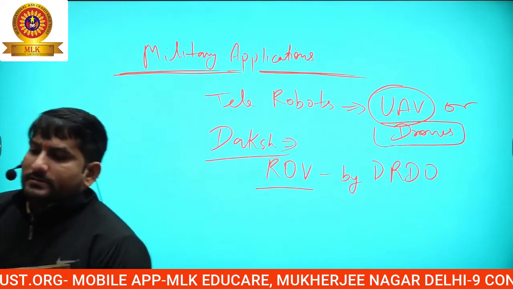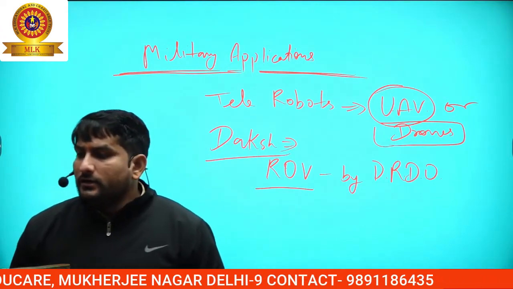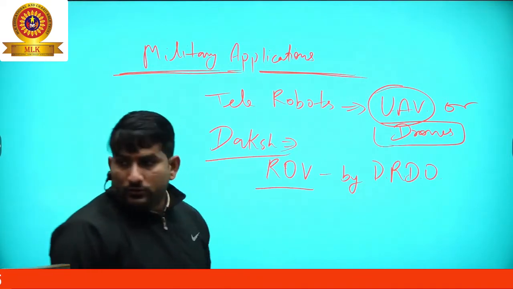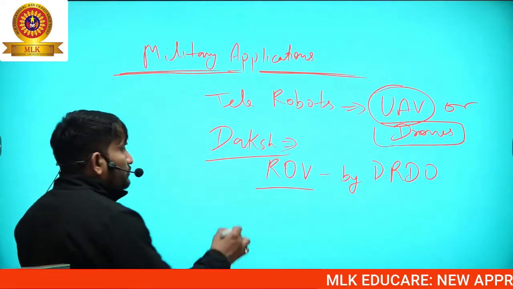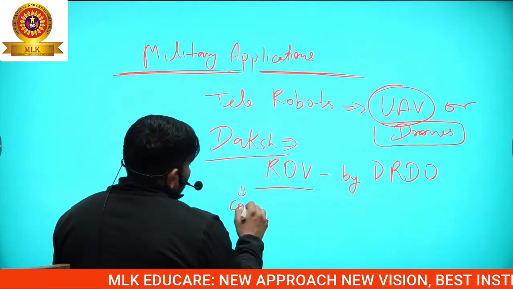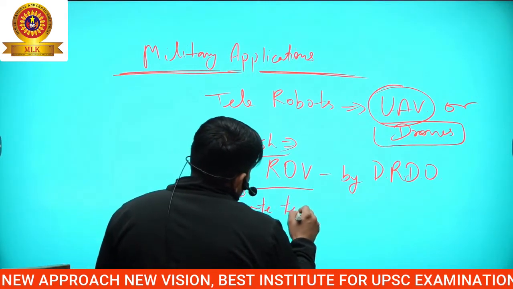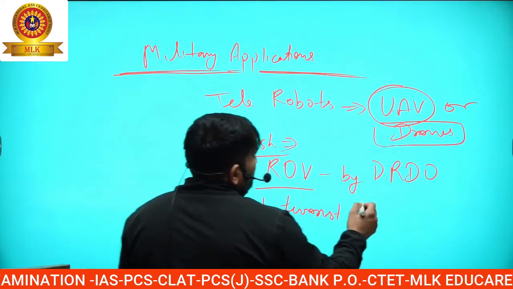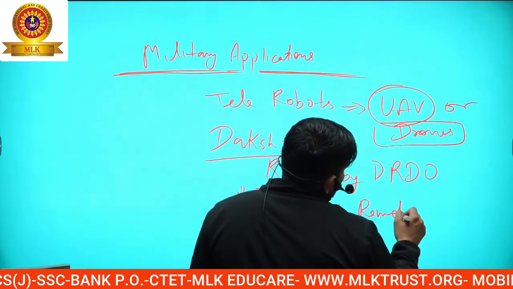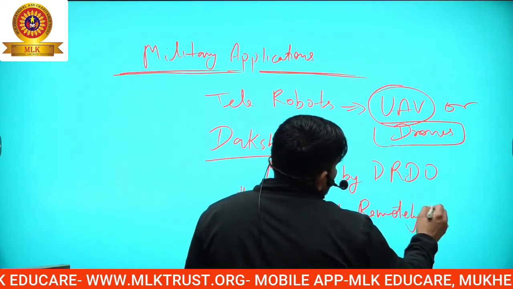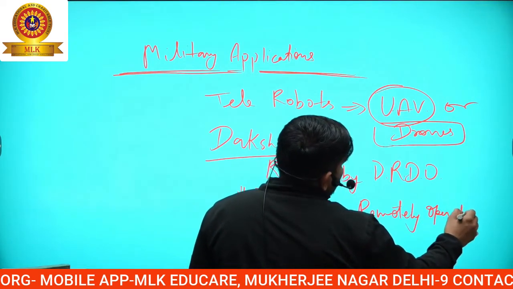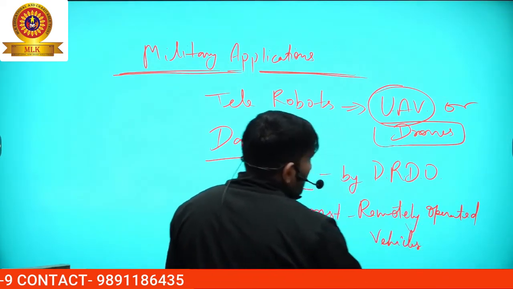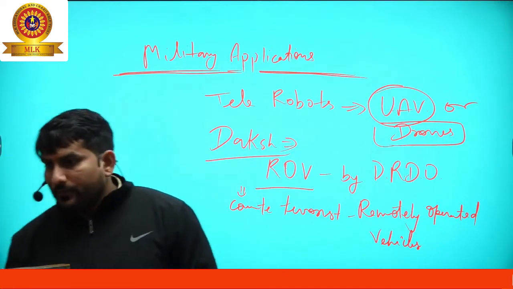And this is actually developed by the DRDO, the Daksh, which is also considered as the counter terrorist robot. Counter terrorist. ROV stands for the remotely operated vehicle. Clear? Okay.